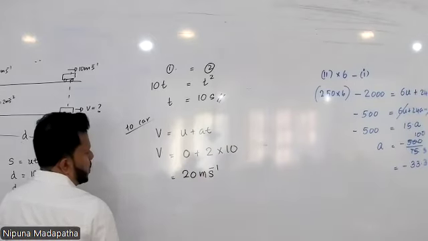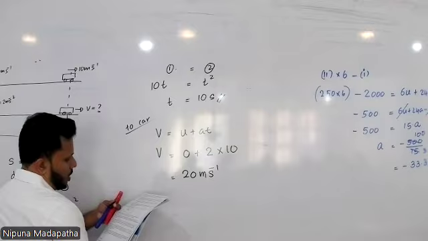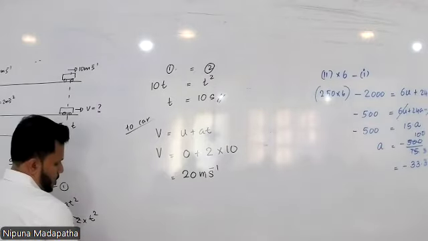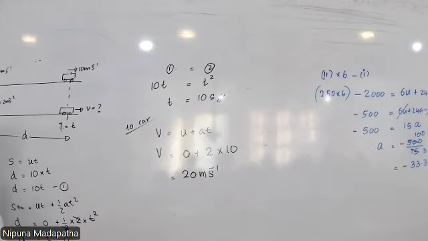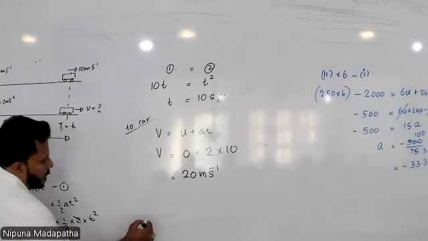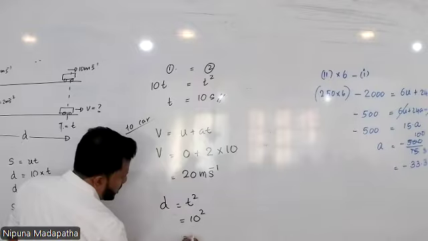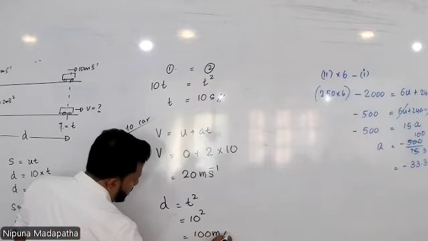And part 2, how far will the car have to travel? The distance the car has traveled is given by d equals t squared. T is 10, 10 squared is 100. So the distance is 100 meters.